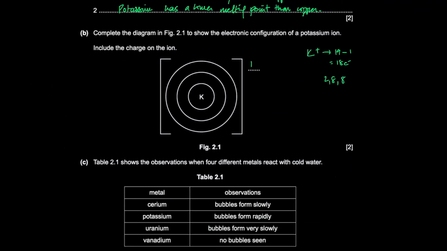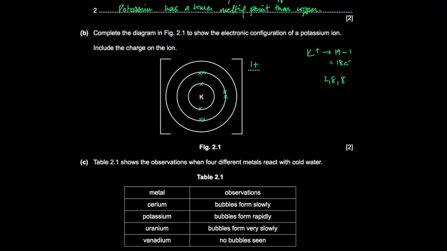So what is the charge of potassium? 1 plus, or just plus. You can say just plus as well, that's also fine. And 2, 8, 8. So 2 electrons, then 8.